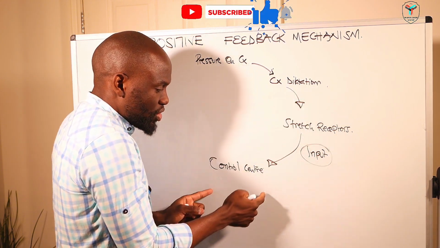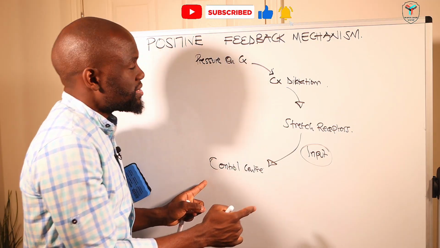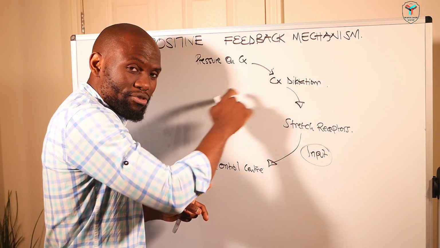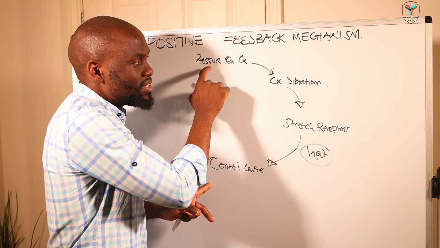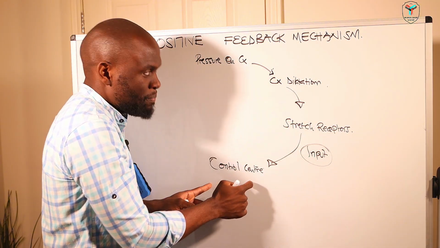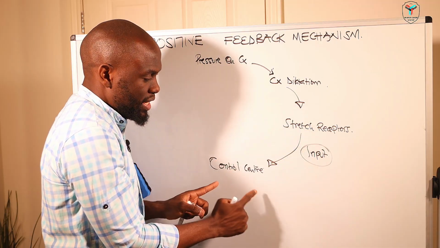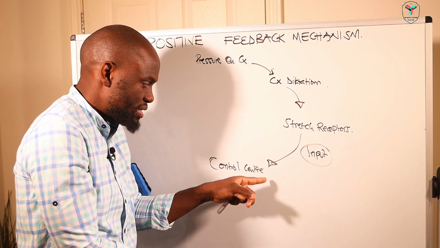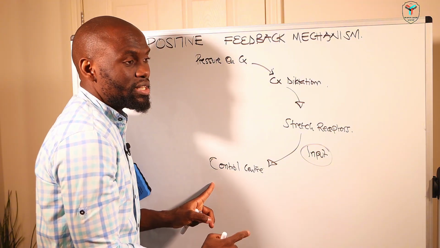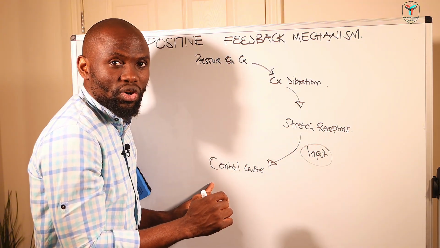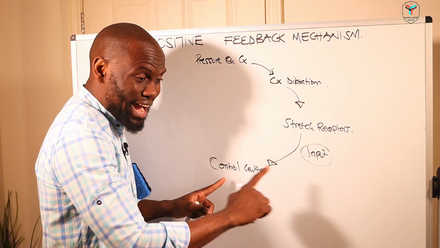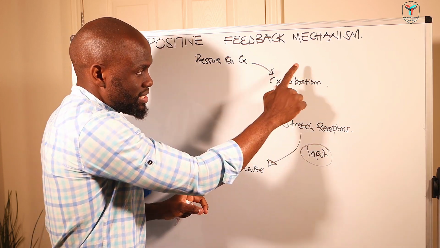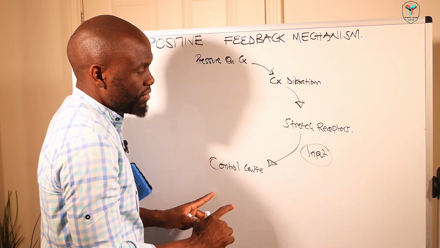The control center has the capacity of analyzing the information it is receiving and the stimulus causing that distension. It interprets the message sent by the stretch receptors, that there is dilatation of the cervix, and using other information, it knows that now it is time for delivery, the end of this pregnancy.